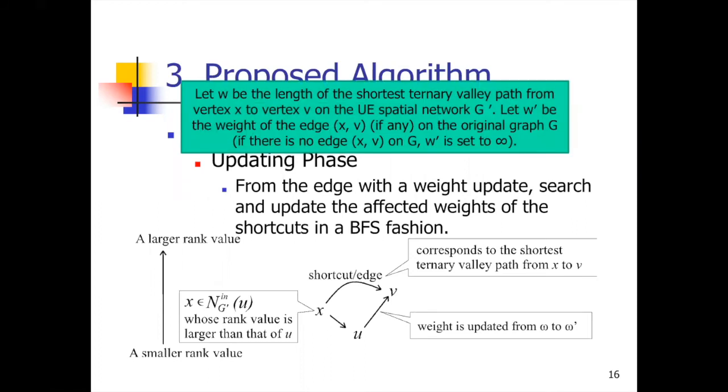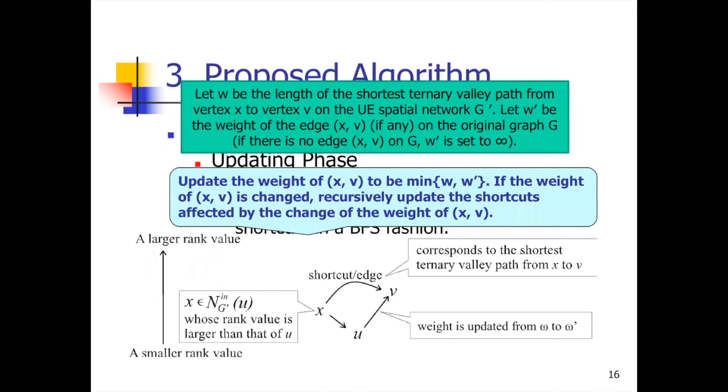Let W be the length of the shortest ternary valid path from the vertex X to the vertex V on the UE spatial network G prime, and let W prime be the weight of the edge XV, if any, on the original graph G. If there is no edge XV on G, W prime is set to infinity. Then update the weight of XV to be the minimum of W and W prime. If the weight of XV is changed, recursively update the shortcuts affected by the change of weight of XV.